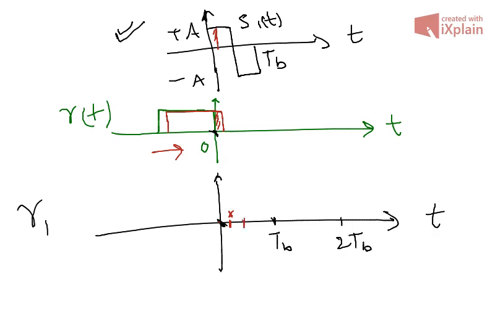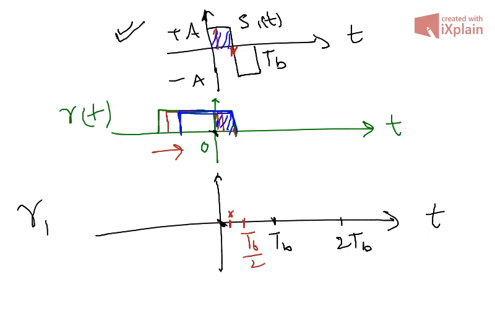It would increase up to Tb by 2. This is Tb by 2. So the instant here, this is Tb by 2, right? This instant is Tb by 2. So when your signal is received, if you represent your received signal by this blue curve, we have all the positive area, all the positive product.